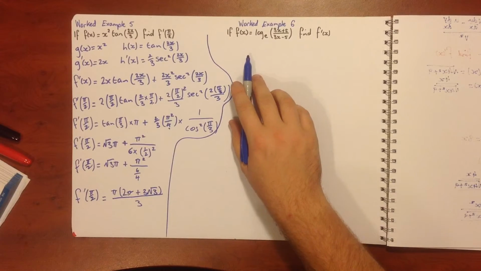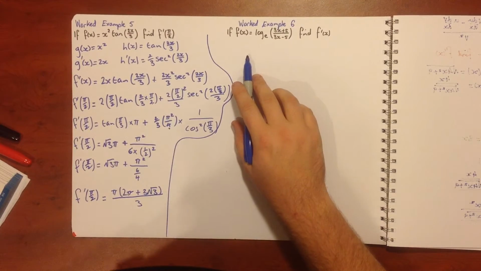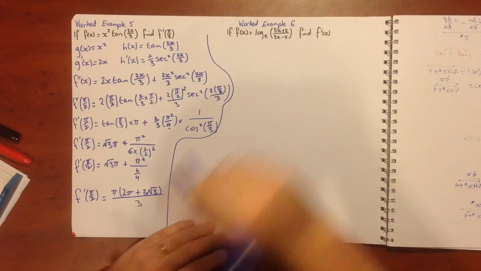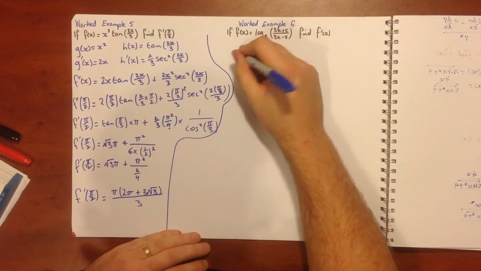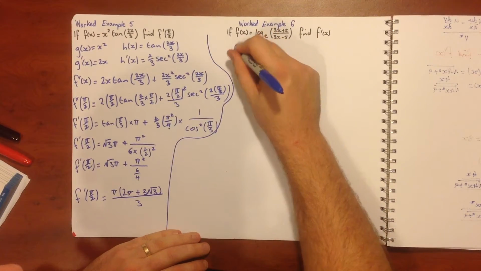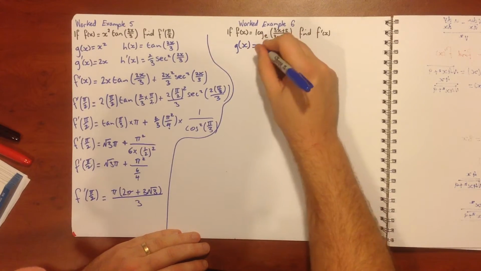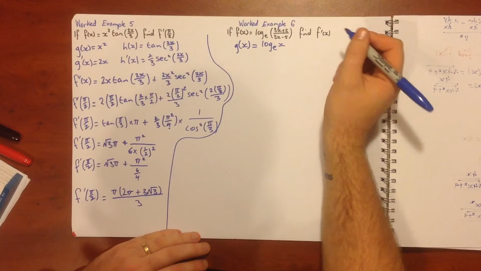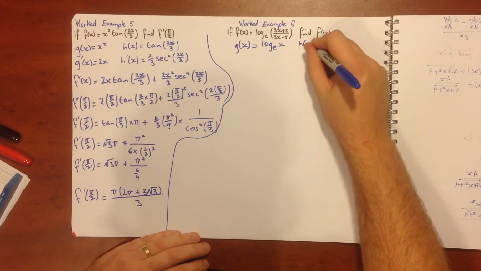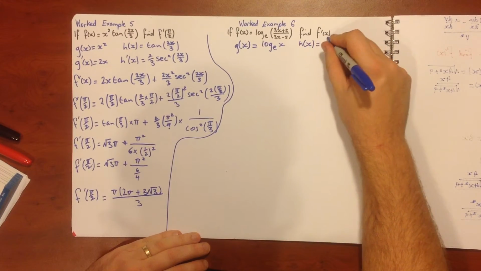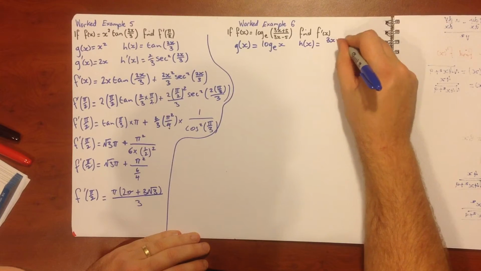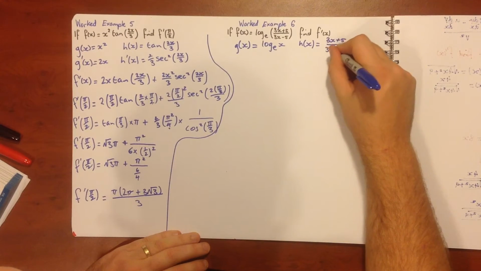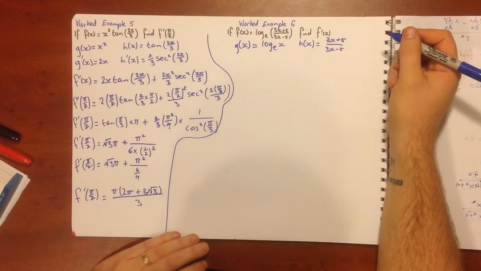This is going to be a chain rule question. So what we'll do is our g of x is going to be log to the base e of x. Our h of x is going to be 3x plus 5 over 3x minus 5.